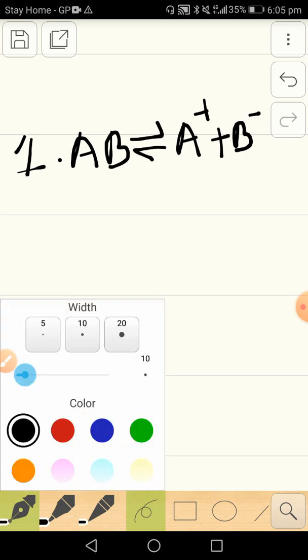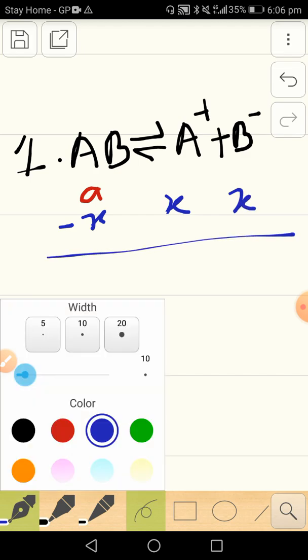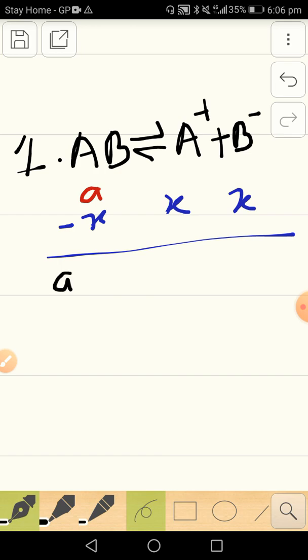For example, AB had an initial concentration of a, and x mole of AB had dissociated, producing x mole of A and x mole of B. So what would be the final result? The final amount of AB would be a minus x, since AB is being reacted, and A and B were initially 0 and 0.